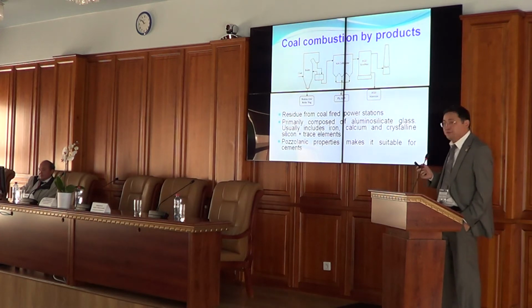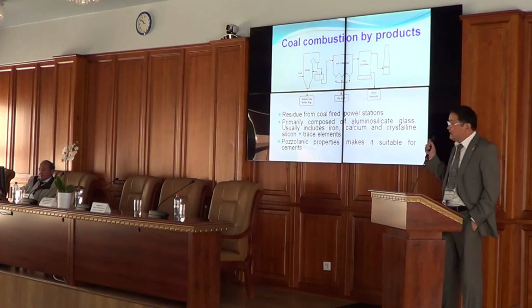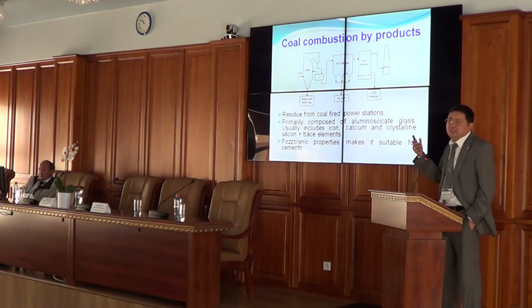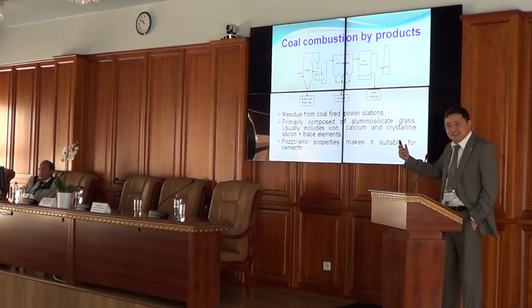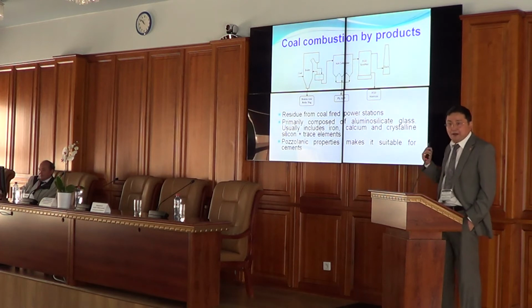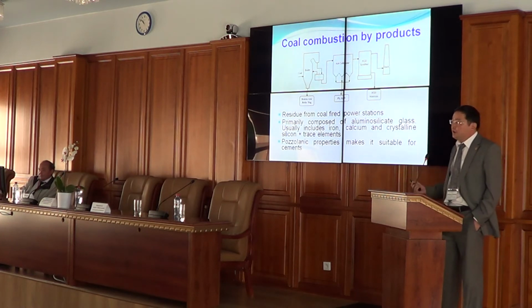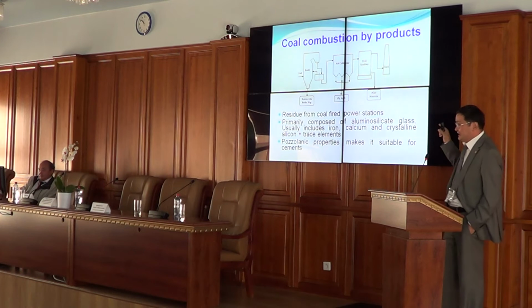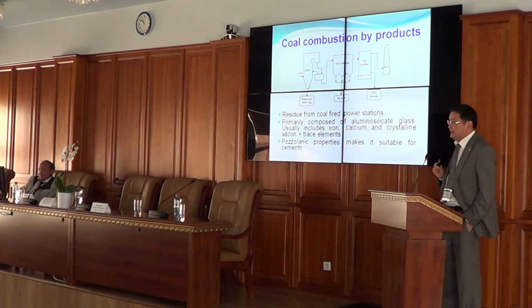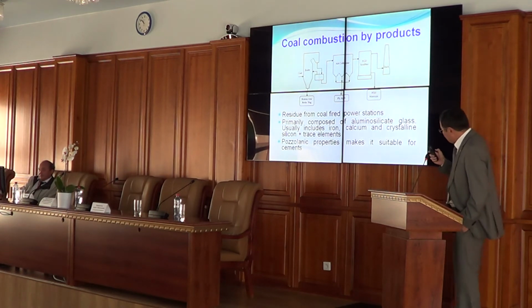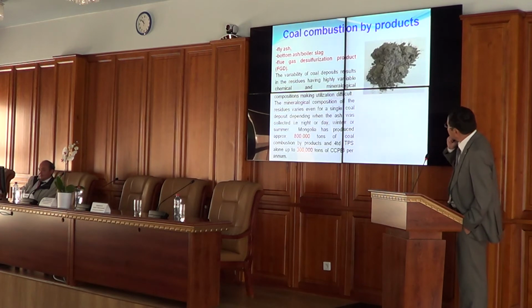It's called flue gas desulfurization product, and this product has come in the last 10-15 years. All the thermal power stations in developed countries must install flue gas desulfurization part in their plants.